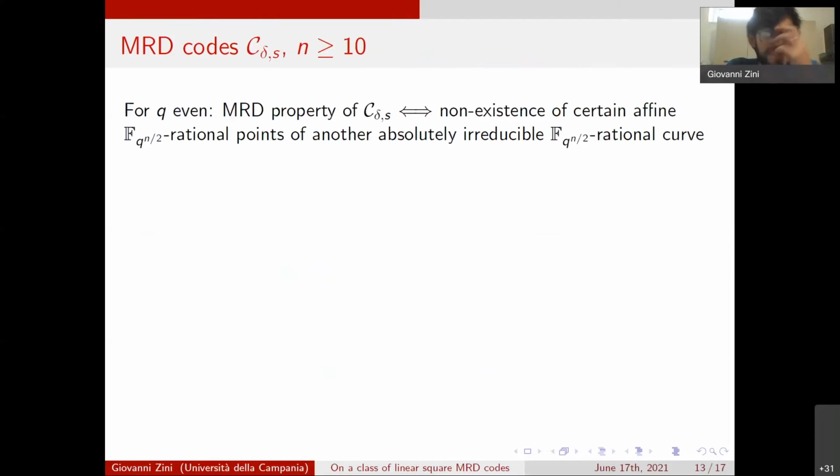Well, for even q, the arithmetic characterizations were different, but still the procedure was that of obtaining a rational absolutely irreducible curve defined over F_{q^{n/2}}, and to ensure the existence of suitable affine F_{q^{n/2}} rational points.